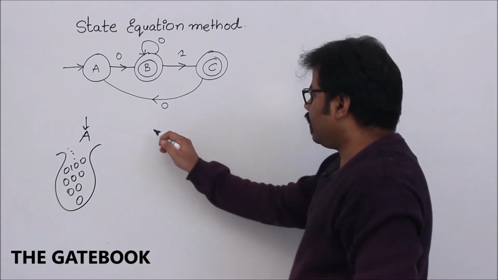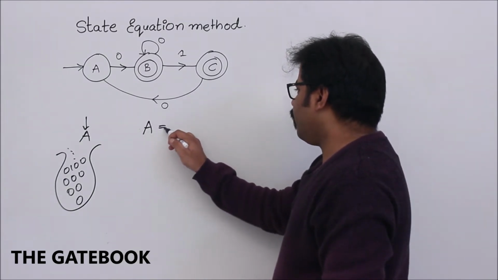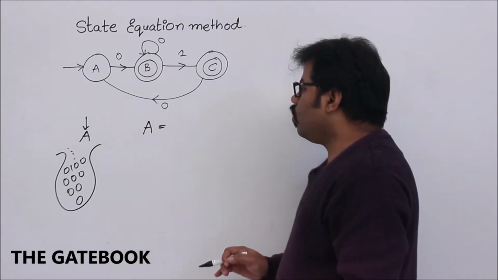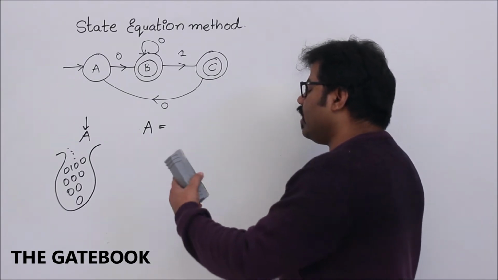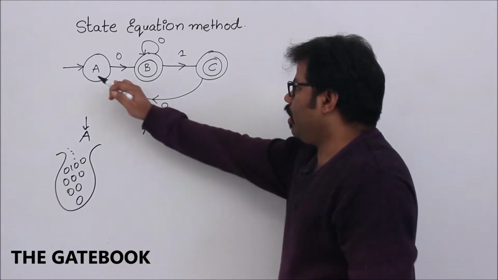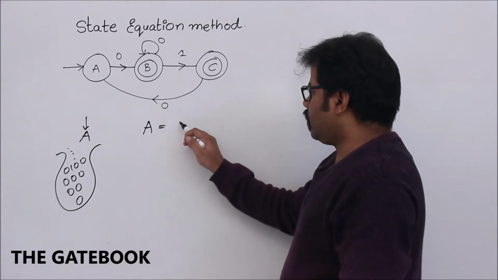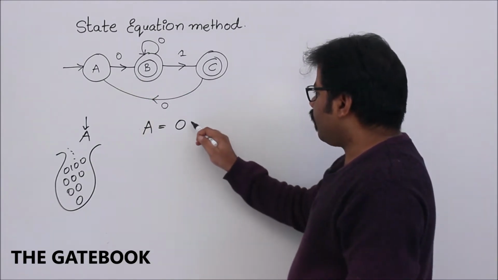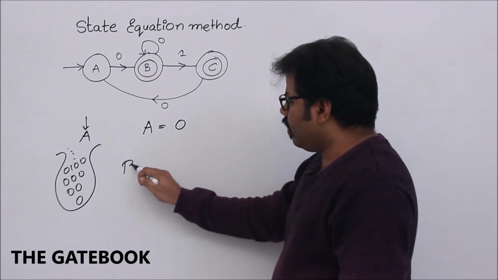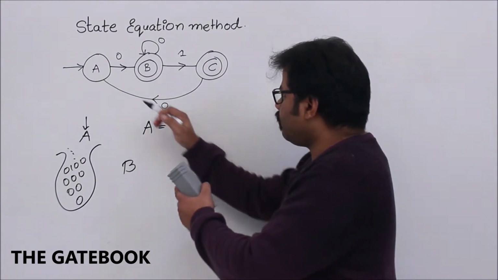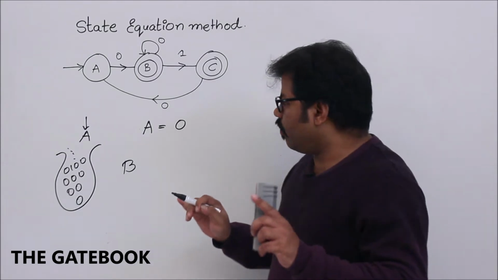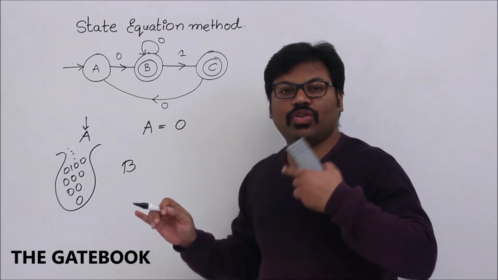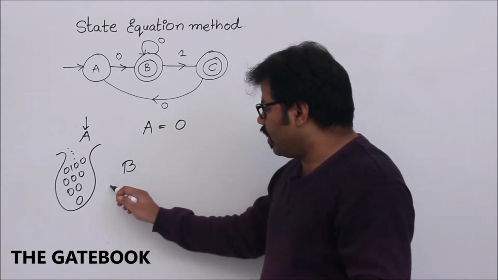Now let me write the state equation for A. So what strings eventually lead us to a final state? Maybe if I take 0 first, I will go to B, right? Then once you go to B, ask B: my dear B, because of 0 I came to you, and I started at A and want to go to a final state, so do you have any strings?